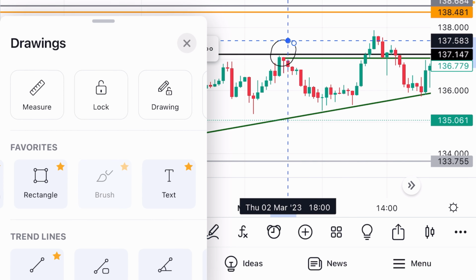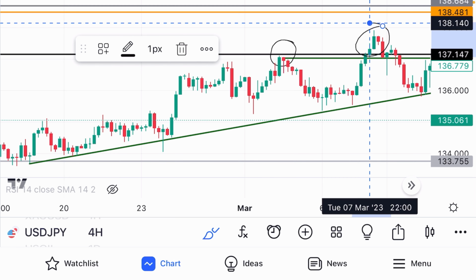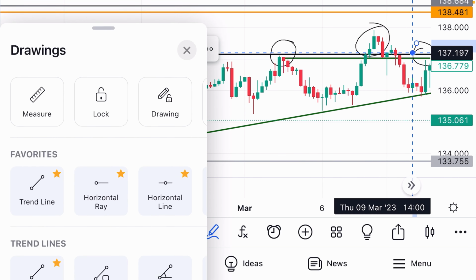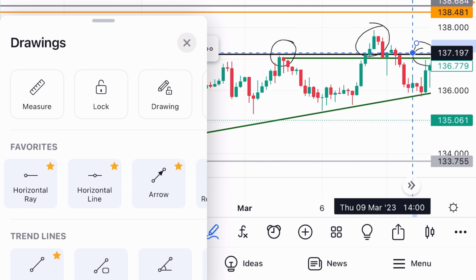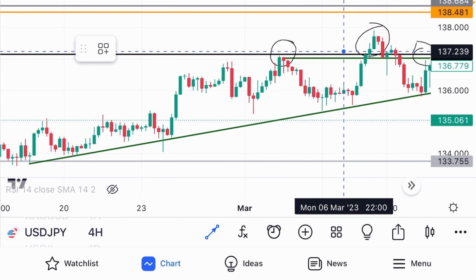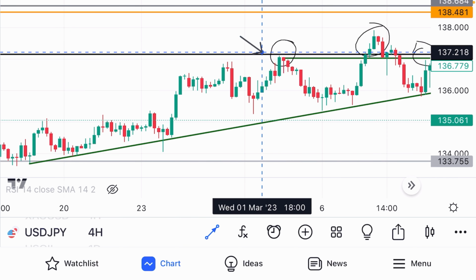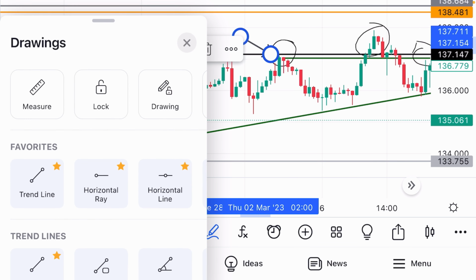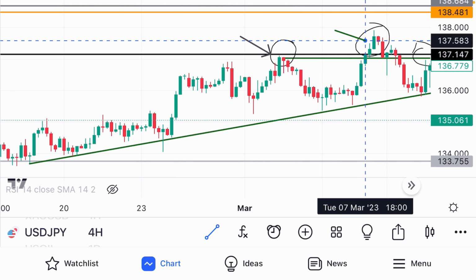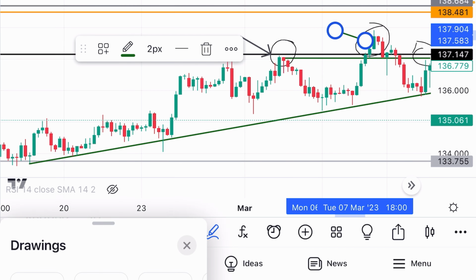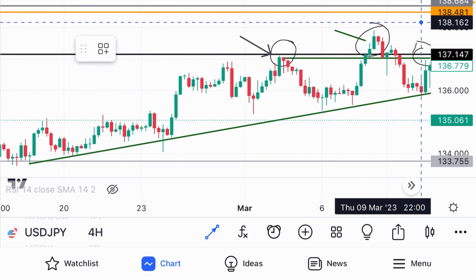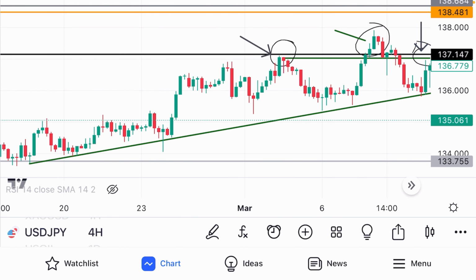You guys can see that we had a left shoulder right here. Let me get in that arrow for you guys. Right here, we had our left shoulder, and then we had our head right there, and then we had our right shoulder right there.